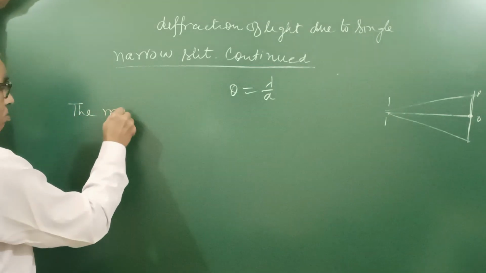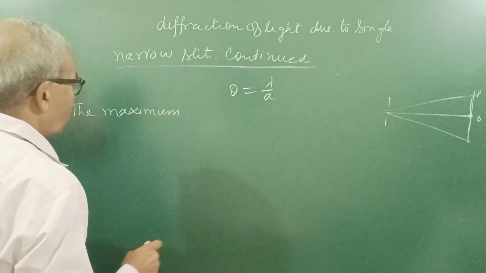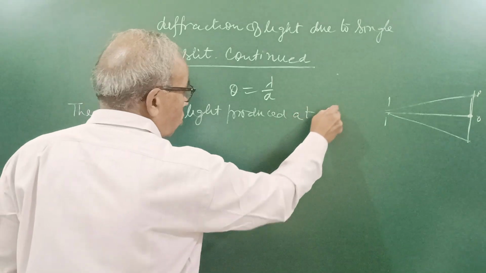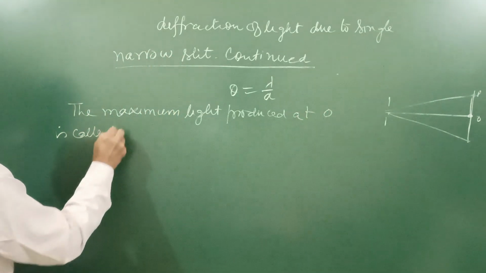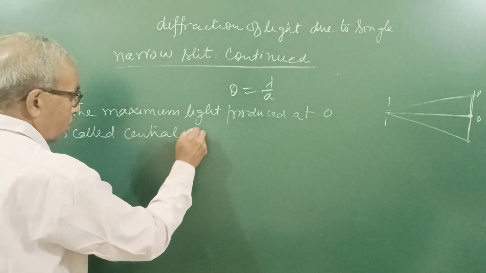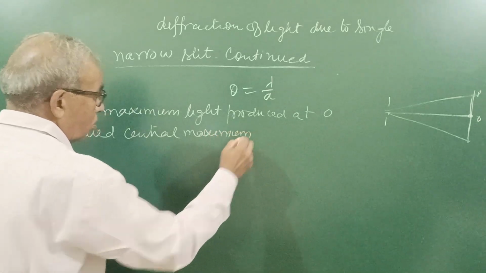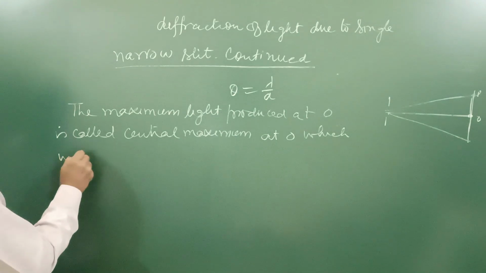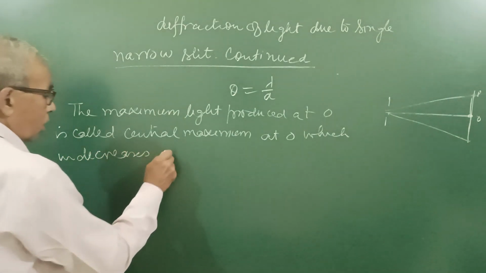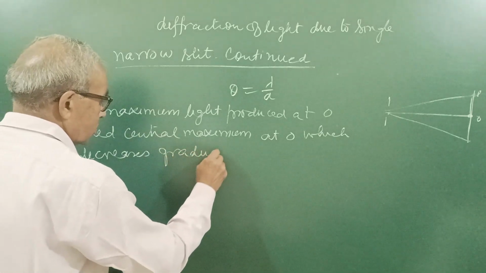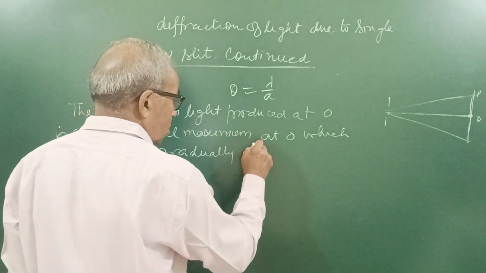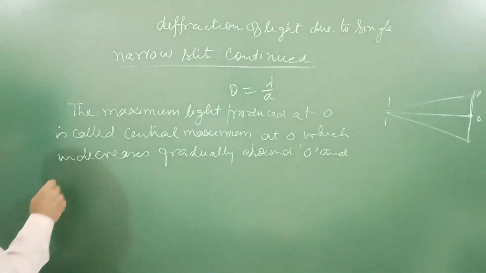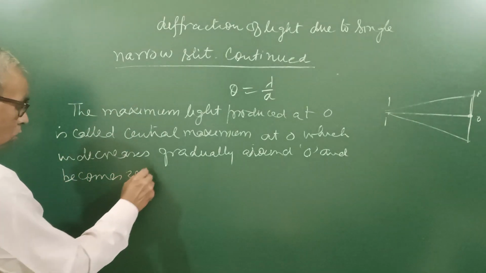The maximum light produced at O is called the central maximum, whose intensity decreases gradually around O and becomes zero at P.